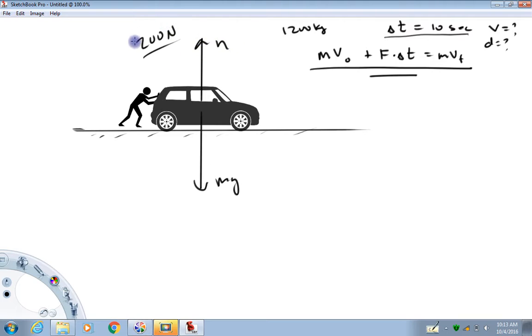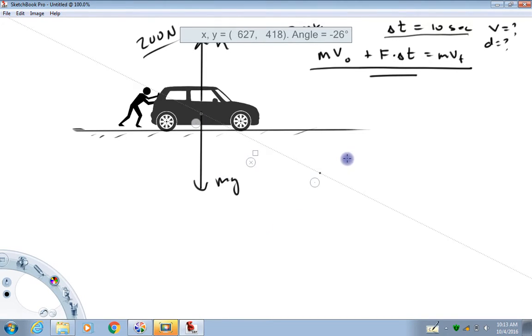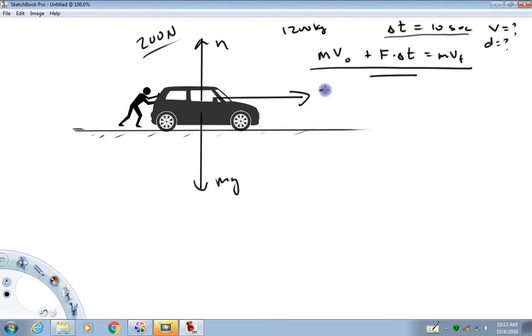And then we have this 200 newton applied force acting to the right. I'm going to put that up where he's applying that force. Even though I put it to the right, that 200 newtons is the person pushing on the car, so don't add another force vector here. Now, if there were friction in this problem, that force would go along the tires and it would be to the left, but I assumed it away for this video.